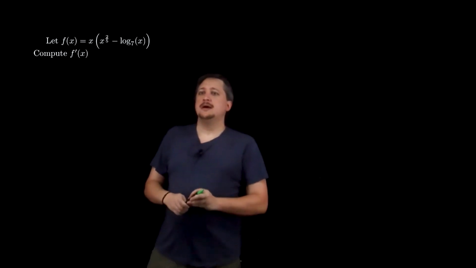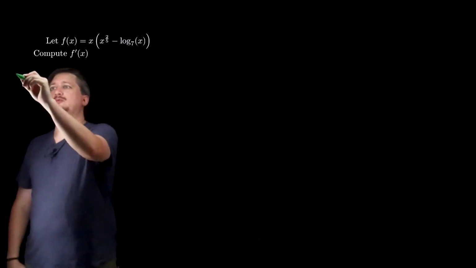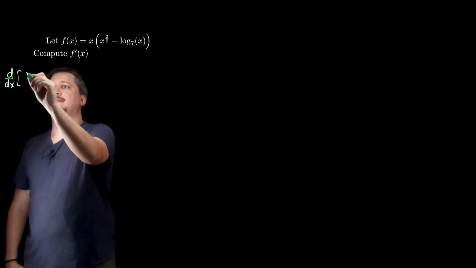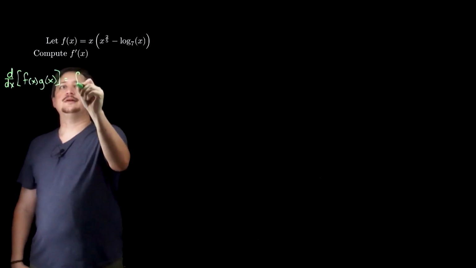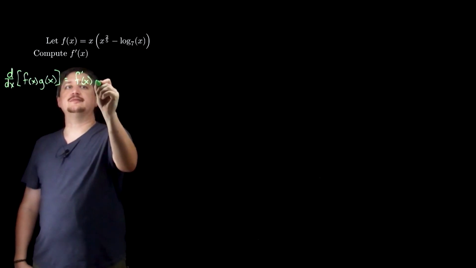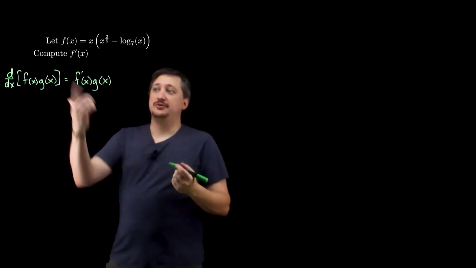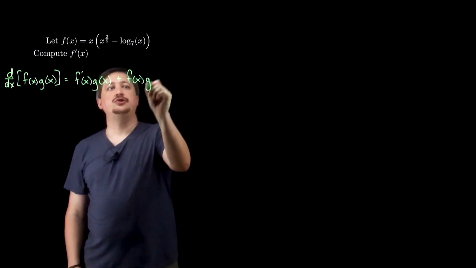Okay. So again, in general, if we want to take the derivative of some f of x, g of x, that is going to be f prime of x, g of x, the second times the derivative of the first, plus f of x, g prime of x.